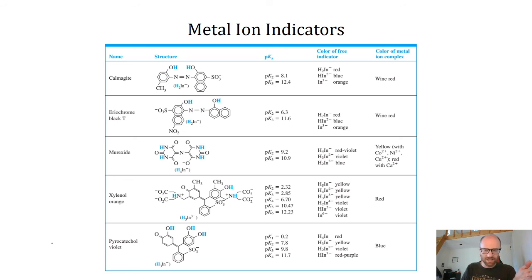So I wanted to take a look at some of the structures. We're going to look at this slide, this table for the next couple slides. This is the one I'm the most familiar with, Calmagite. You can see something pretty interesting. The free indicator color actually has its own colors to it.